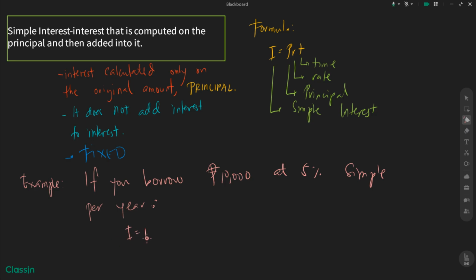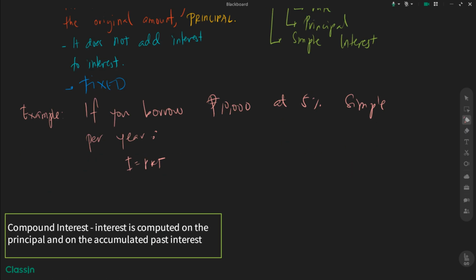So I is equal to PRT. Let's say 1 year. 10,000 pesos times 0.05 times 1, let's say per 1 year.